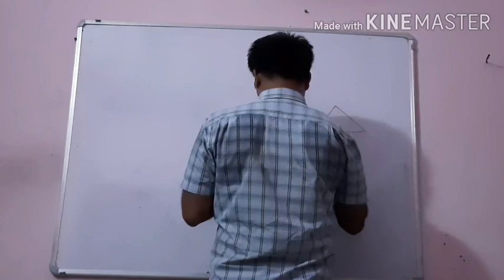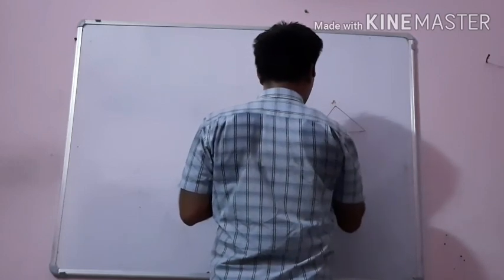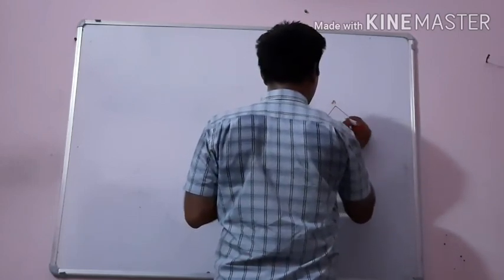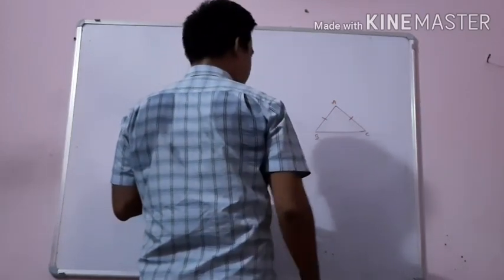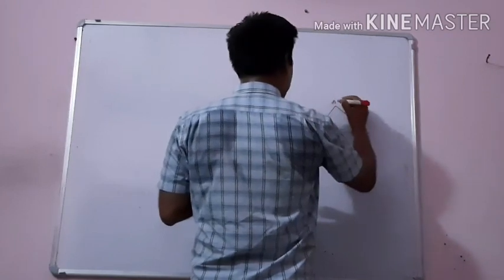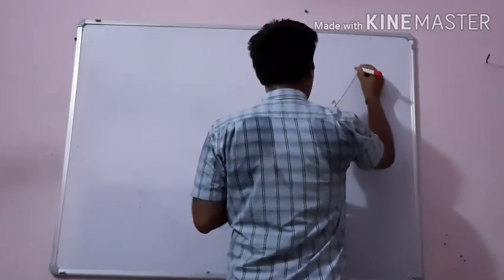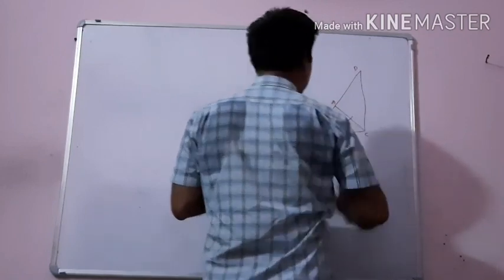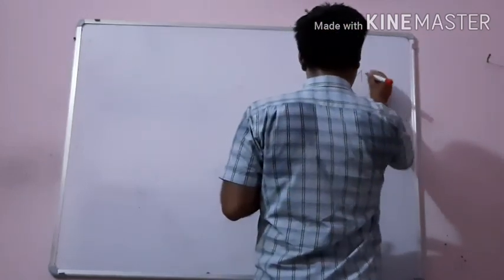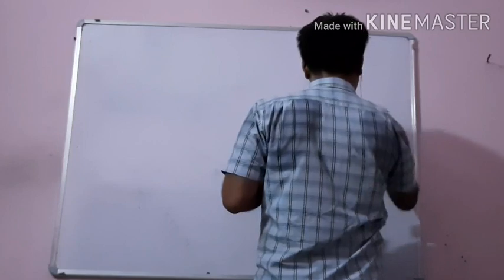This is A, B, C. Isosceles triangle AB equals AC. Now BA is produced to D. This is D. And this is joined to C.